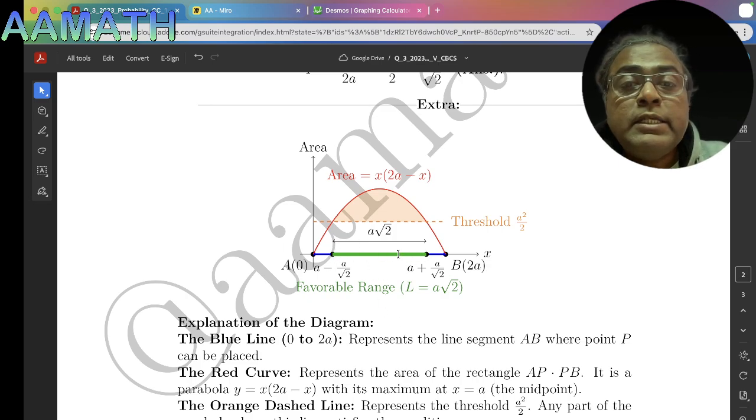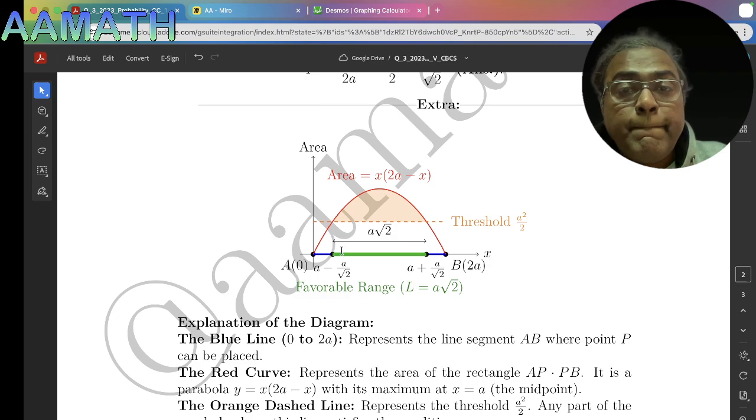This corresponds to a minus a by root 2 to a plus a by root 2. This is the favorable length, and it is the length of the favorable points for which the area is greater than a square by 2.